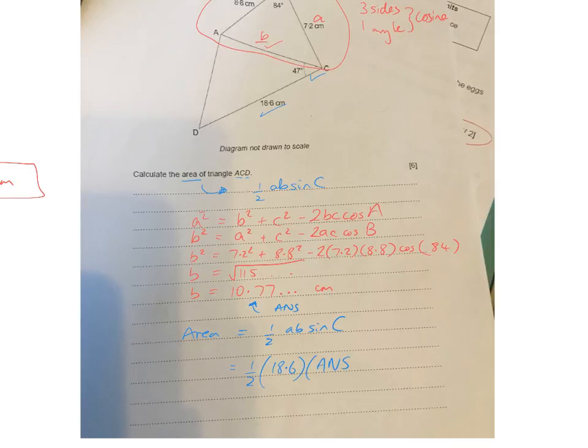Now you'll put into your calculator ans, but that ans is really this 10.77 answer. Now, if you don't like the idea of using the answer button, ideally put in a couple of decimal places, so 10.77 would be fine, and then sine, and then 47. And that should give you an answer of 73.3 centimetres squared to 1 decimal place.